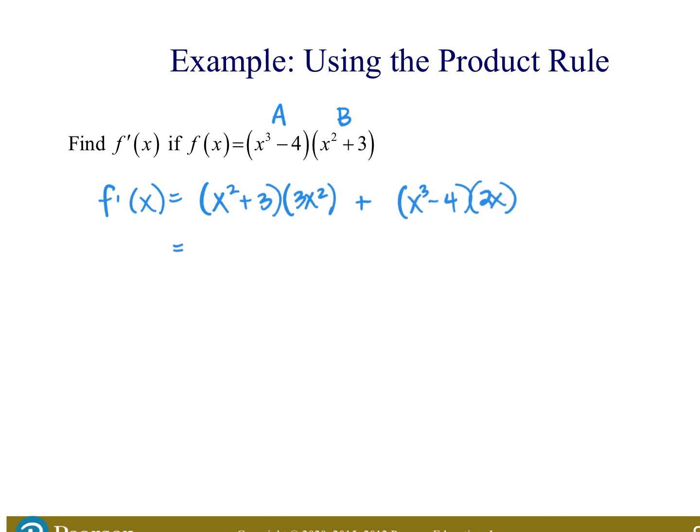Now you want to distribute and simplify, so we'll have 3x to the 4th plus 9x squared, and then plus distributing 2x to the 4th minus 8x. So overall, looking like 5x to the 4th plus 9x squared minus 8x is the derivative using the product rule. And from there, then you could answer any other questions that might follow after that.